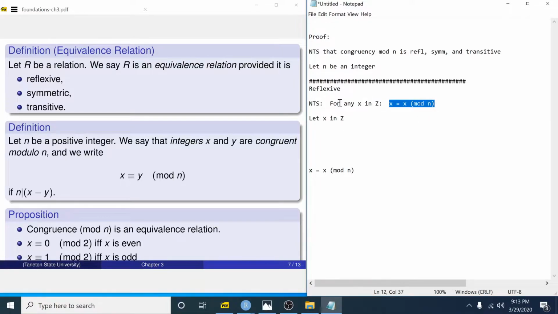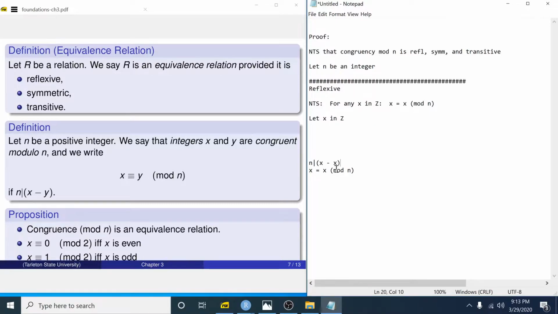How are we going to do that? We let x be an arbitrary element of Z, and then our goal is to get here. I'm just going to write this at the bottom. What would establish this is simply saying that n divides x minus x. By this definition, if n divides x minus y, that's what it means for x to be congruent to y mod n.